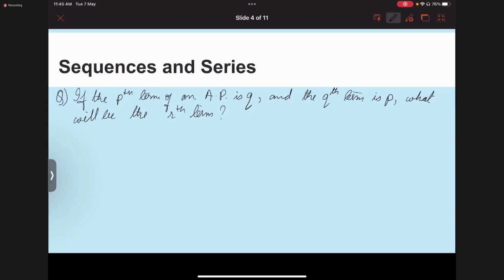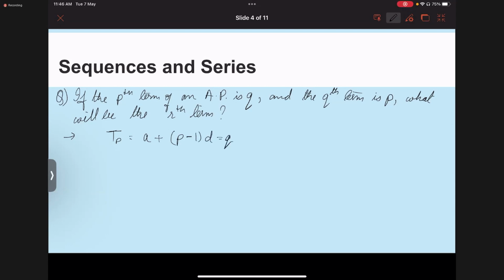So over here, you can see that we are saying that the pth term is q and the qth term is p. You can first find the expression for the pth term and the qth term. So if you write T_p, this is the pth term. This you can write as a plus, in place of n we have p, so a plus p minus 1 d is equal to q.